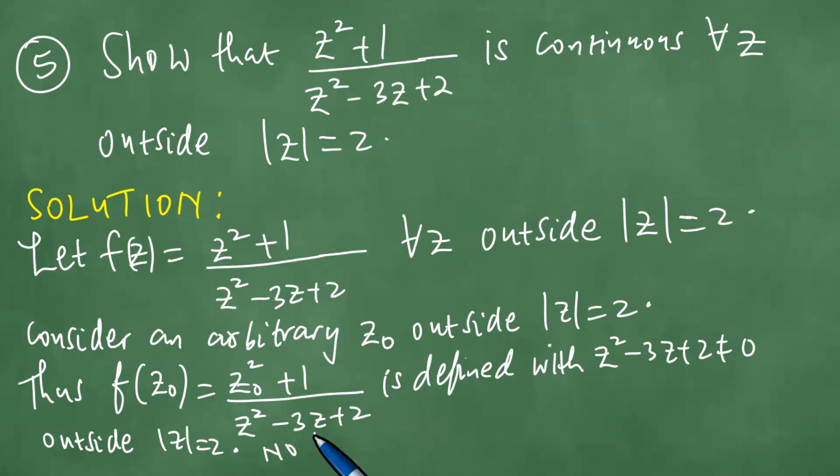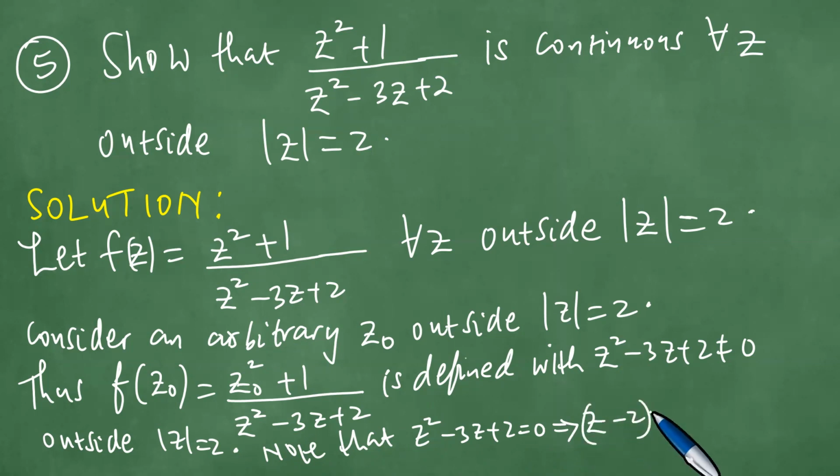Note that z squared minus 3z plus 2 equal to 0 means therefore that (z minus 2)(z minus 1) equals 0, so z equals 1 or z equals 2.